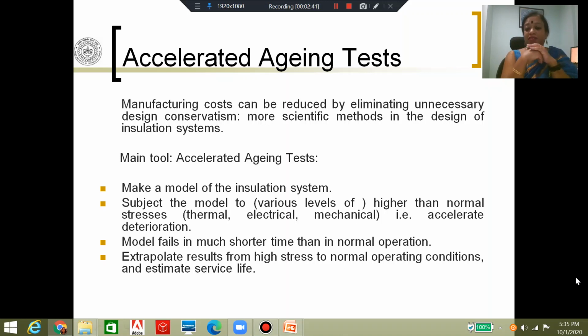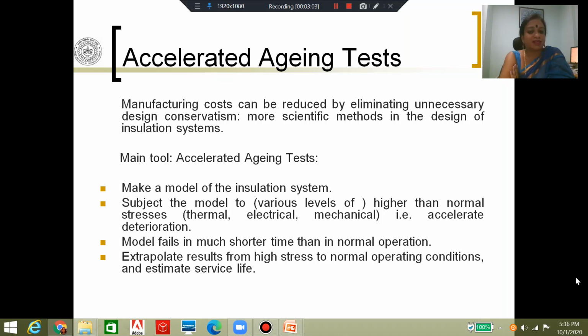This will accelerate the deterioration, and from the accelerated deterioration, you try to estimate what would be the lifetime under normal operating conditions. So first, you make a model of the insulation system, subject the model to various levels of higher than normal stresses. This causes accelerated deterioration.